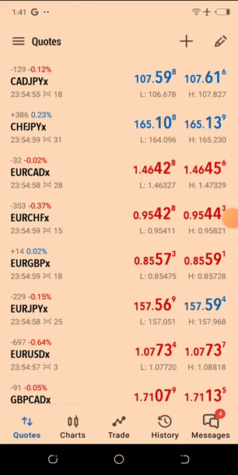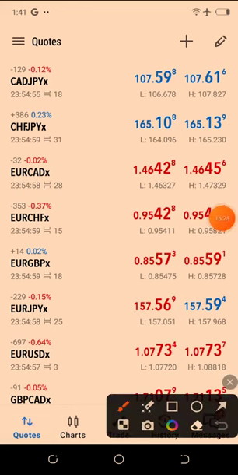So we don't need to worry about this 165 changing to 170 or 180 before we make our profit. If this 0 changes to 1, you are making profit.